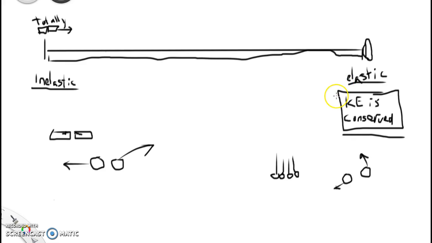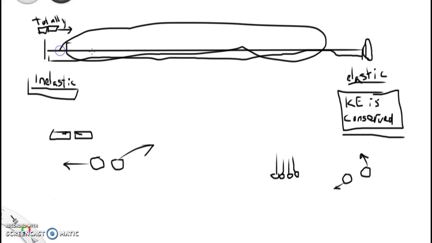Now we're not going to get too deep into elastic collisions, but the reason they are important is because in situations where kinetic energy is conserved, you can actually predict what the motion of the two particles will be after the collision. With a collision that's not completely inelastic, anywhere in between, we can't actually predict what's going to happen. In order to do problem solving, we have to know something about afterwards.